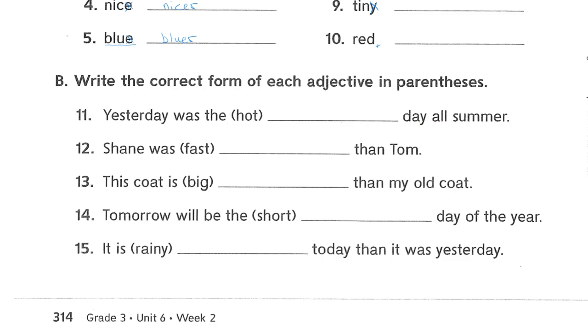So we're comparing one day to all the days in the summer. So that's more than 2. So that's going to be hottest. And there's a short vowel in hot, so the rule is to double that last letter. So I take that word, double the last letter, and then put EST on. I'm not using hotter because I'm comparing more than 2.